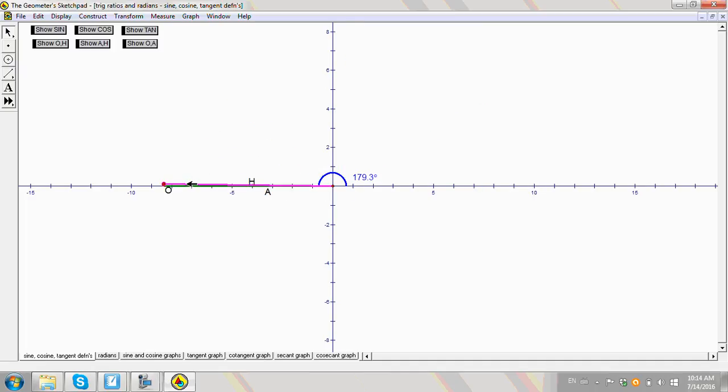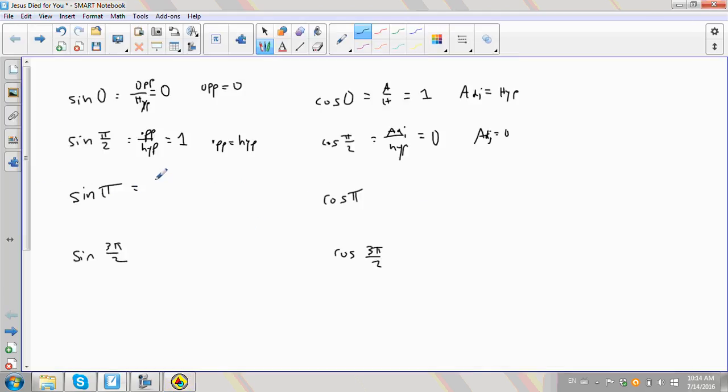So the sine of pi is going to be 0 again, for the same reason. Opposite equals 0 again there.